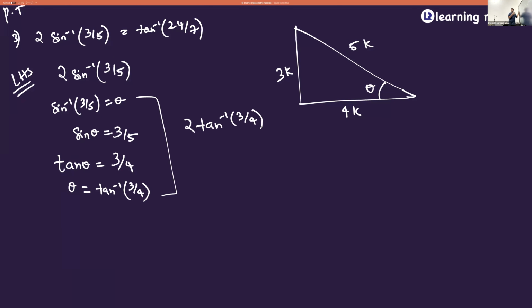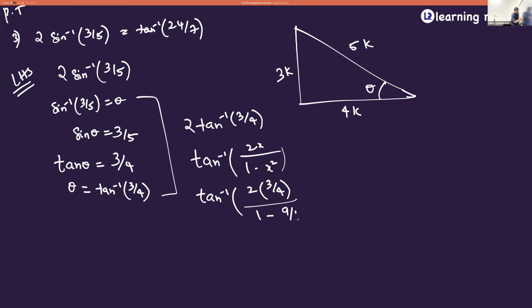Now what you can do is apply the sixth property. What does it say? 2 tan inverse x is equal to, listen, right hand side is in terms of tan, so directly use this formula: tan inverse of 2x by 1 minus x square. So tan inverse of 2 into 3 by 4 by 1 minus 9 by 16.